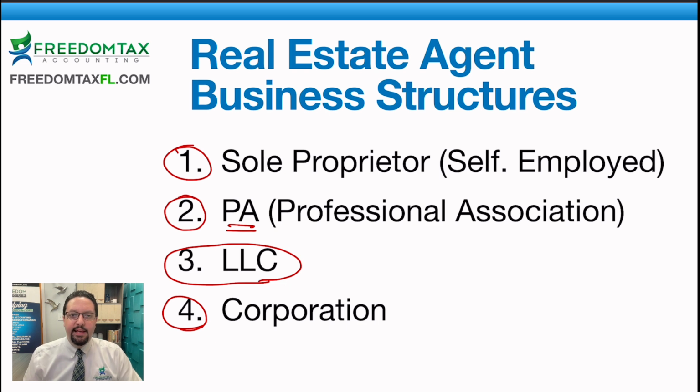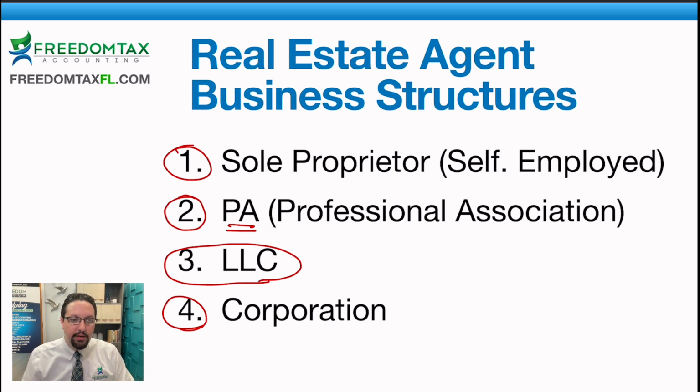Now you may say, well, I don't see the S corporation here because I have real estate agents that work under an S corporation. Well, that's true, but the S corporation is not a legal business structure. The S corporation is a tax designation, basically a legal business structure that is now assigned to pay taxes as an S-Corp.